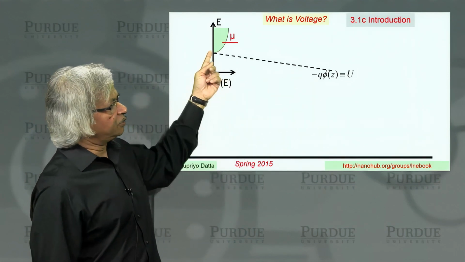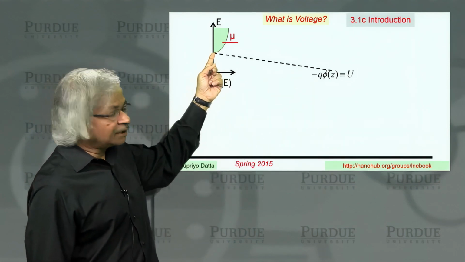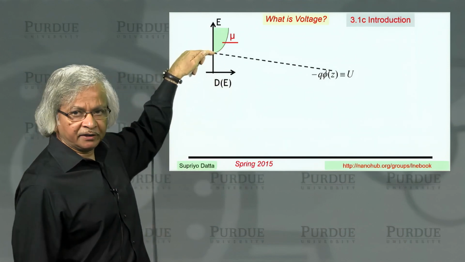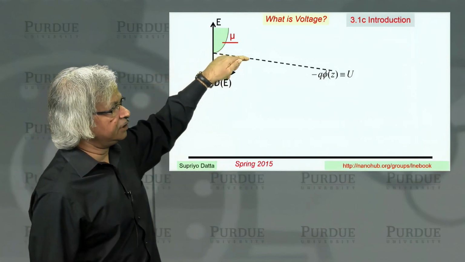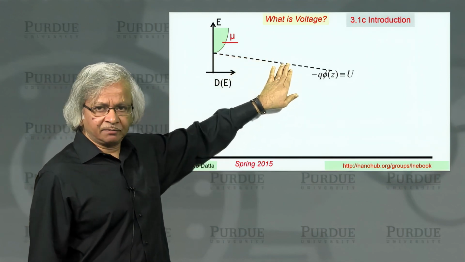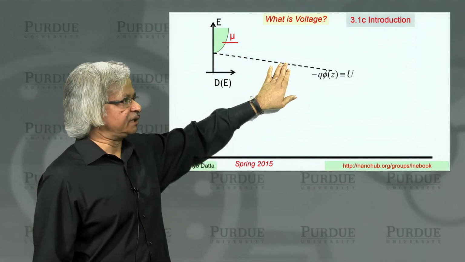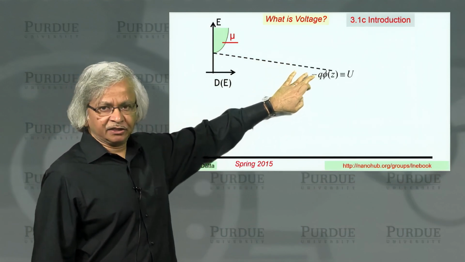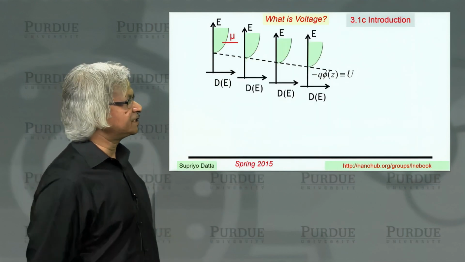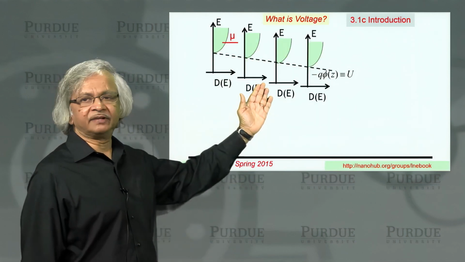Then what you might expect is that the bottom of the band, the lowest energy point, would continually go down, because here there's a positive electrostatic potential, meaning a negative energy. So the electronic energy goes down, and if you drew the density of states plot, it would look something like this.